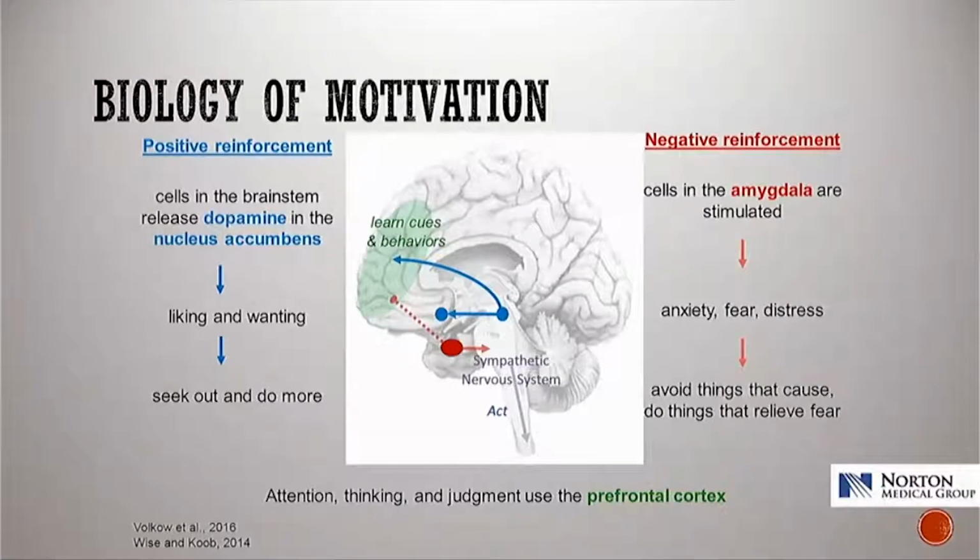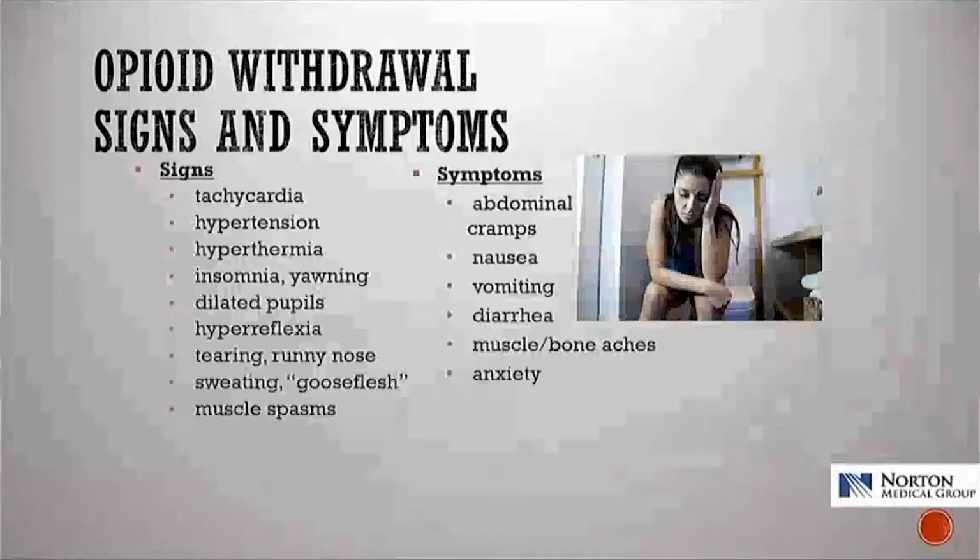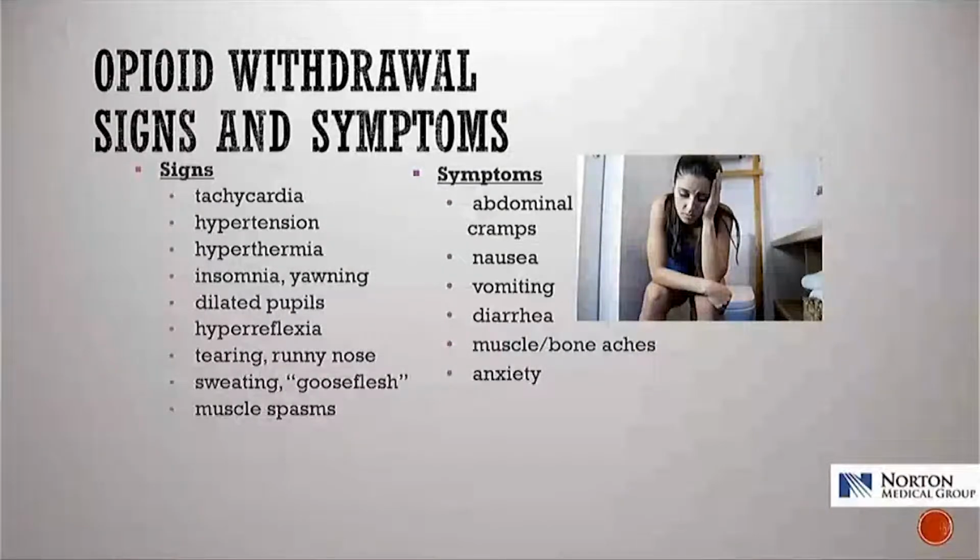People talk about Suboxone or buprenorphine being used on the street, and really it's something that will allow people to get out of withdrawal or not make their withdrawal so bad.